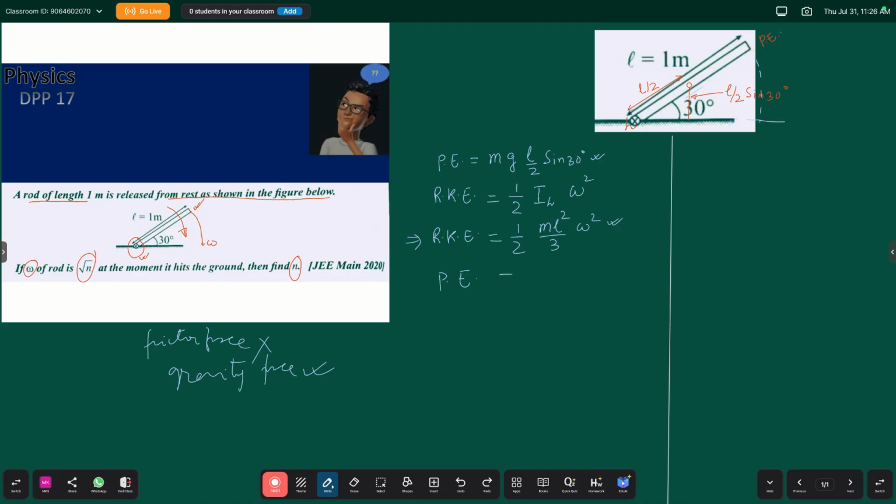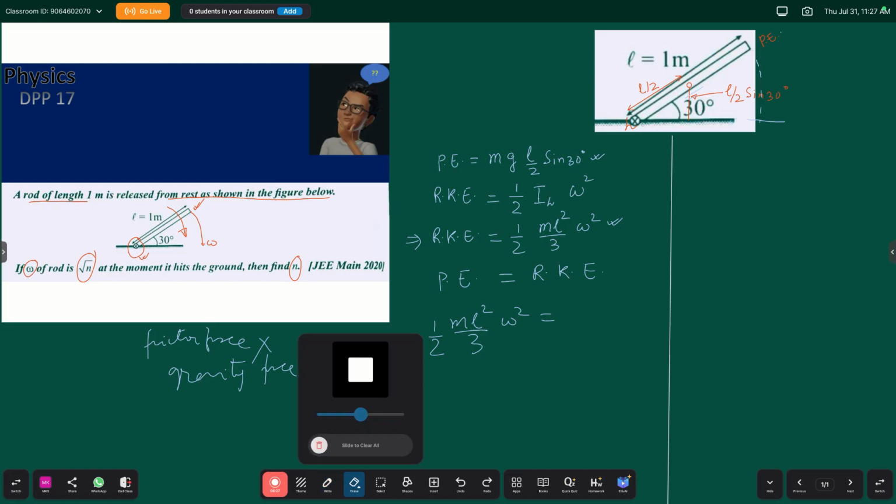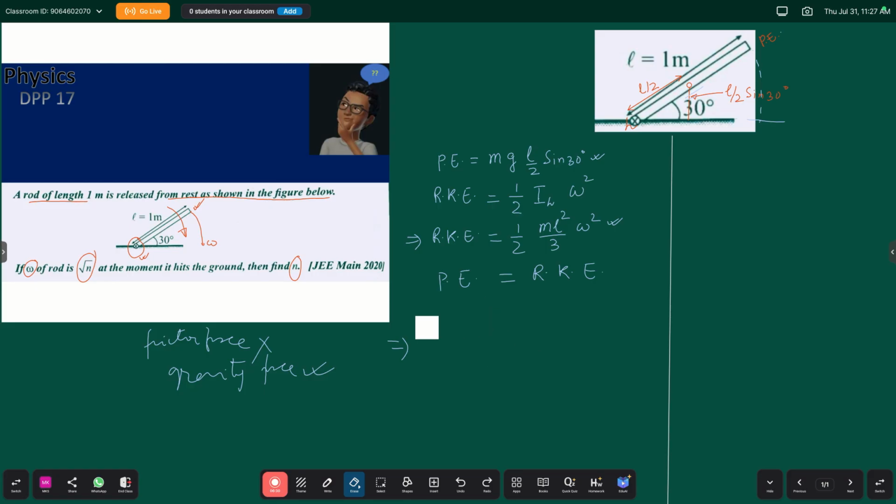So we can write from the energy conservation: on this side we have potential energy, mgL by 2 sine 30 degree, which is half.